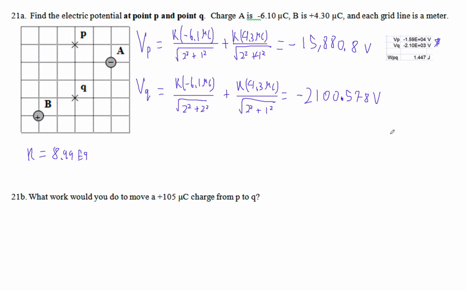Then we have work to move a positive 105 microcoulomb charge from P to Q. So this is my final voltage, and this is my initial voltage. The change in voltage is always final minus initial. So in this case, it's going to be VQ minus VP.